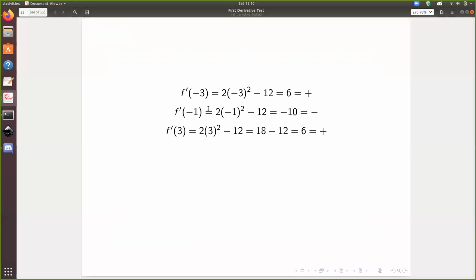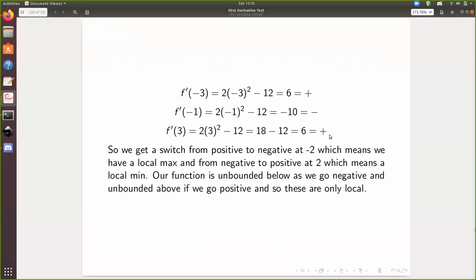So recall that -2 is in the middle here, and we get a swap from positive to negative. So there's going to be a nice little local max here. And then in the middle right here, we have 2. So there's going to be a swap from negative to positive. We get a local min. So I think I just said out loud what this paragraph says right here. So yeah, we get a local max at -2 and a local min at 2.